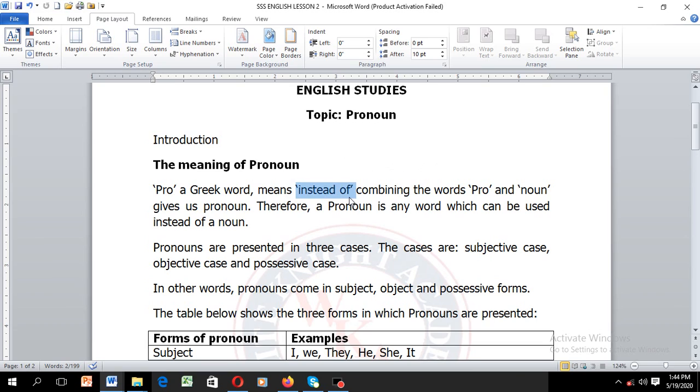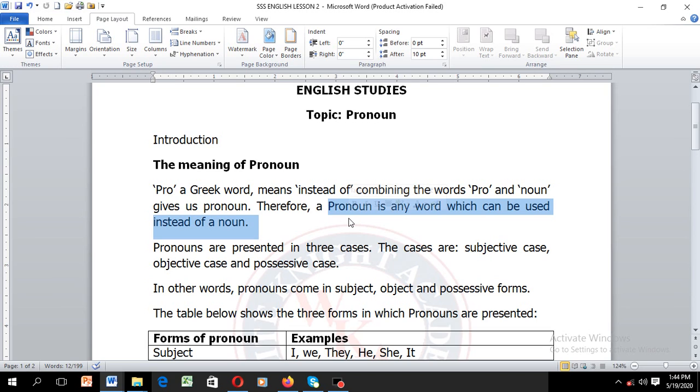Combining the words pro and noun gives us pronoun. Therefore, a pronoun is any word which can be used instead of a noun. We have this general definition that pronouns are words used instead of a noun. That is correct. This definition was gotten from the Greek word pro, which gave birth to the English meaning of instead of.